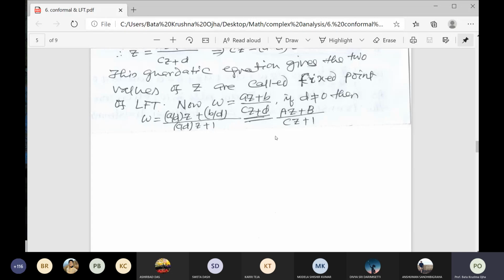That is one method: directly applying the previous knowledge, 3 points map to 3 points, just replacing the points left and right side, you find 3 equations with 3 unknowns, and solve for them.